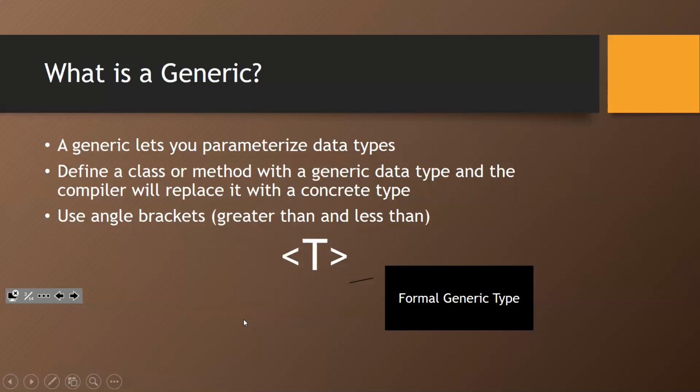Now, whenever we're working with generics, this is considered a formal generic type. What matters here are the greater than and less than brackets, the diamond bracket around it. We've started seeing conventions develop that people usually use an uppercase T inside there to indicate a generic, but you'll also see the uppercase E a lot. And you could really use anything inside those angle brackets.